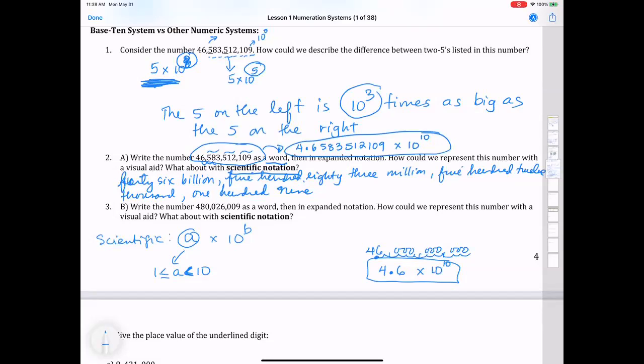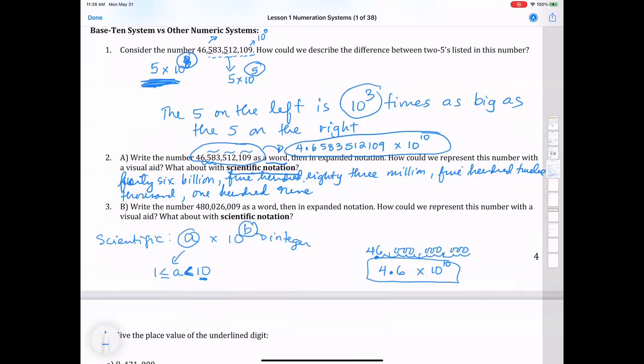So you could use anything from 1.0 to 9.9999 and so on. But you cannot use any number higher than 10 or equal to 10. And then B must be an integer, meaning it could be a negative integer, a 0, or a positive integer, but it cannot be a fraction or decimal.